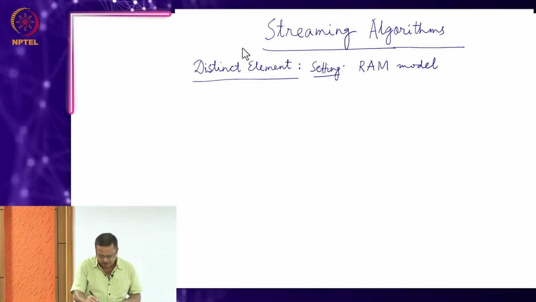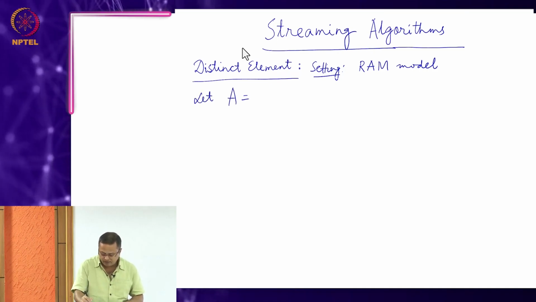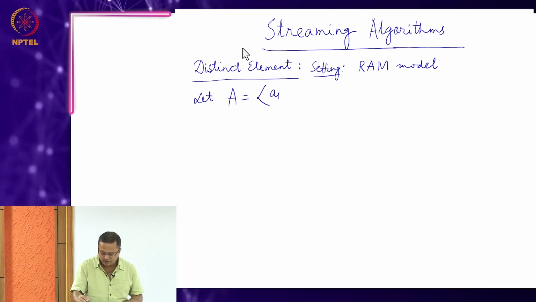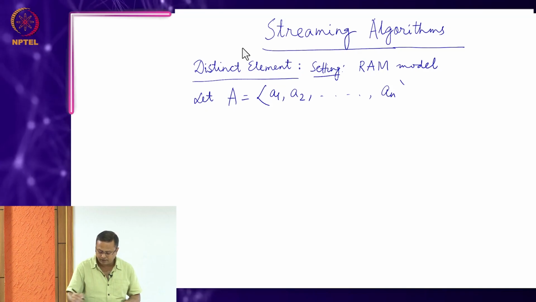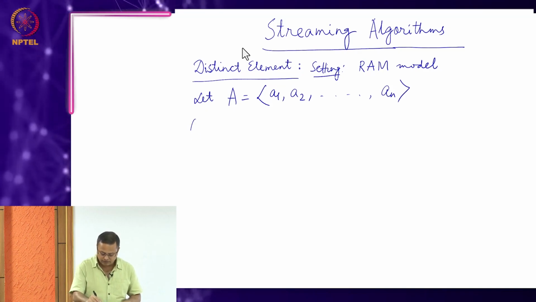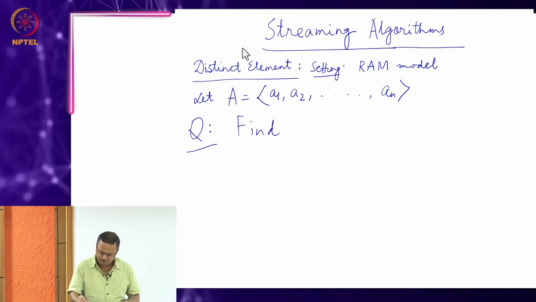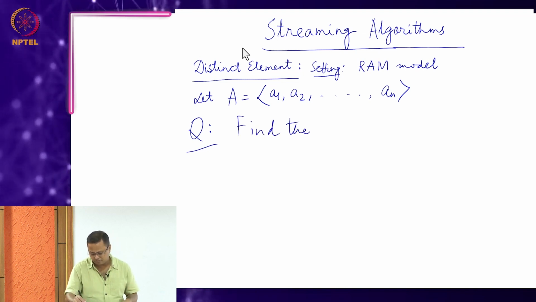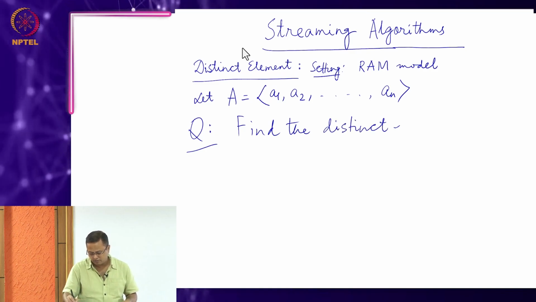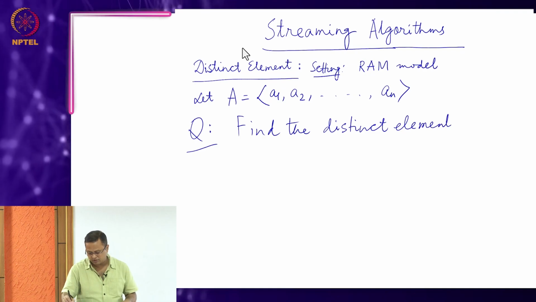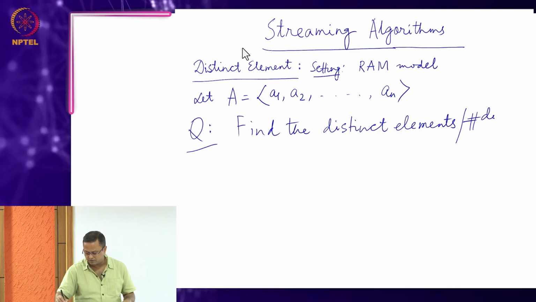So, your problem is as follows. You have an array say having these elements A1, A2, ..., AN, and your question is to find the distinct elements, or the number of distinct elements.